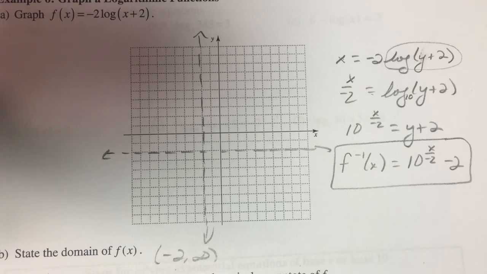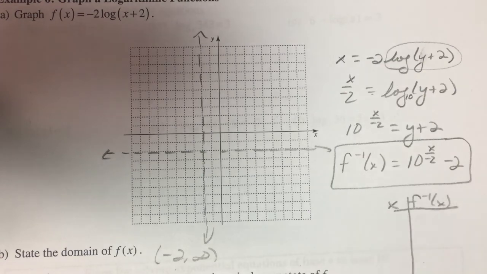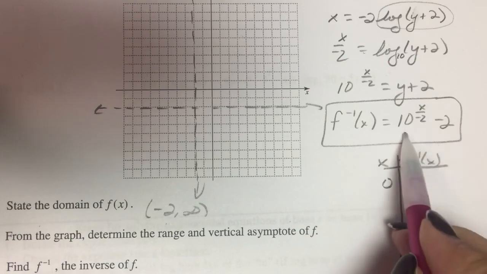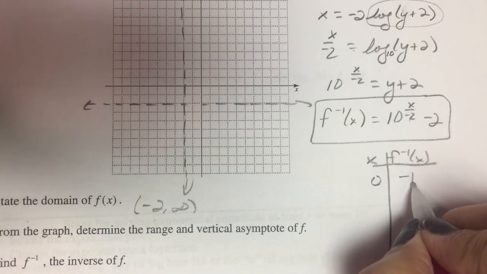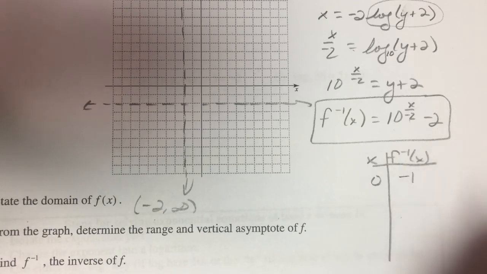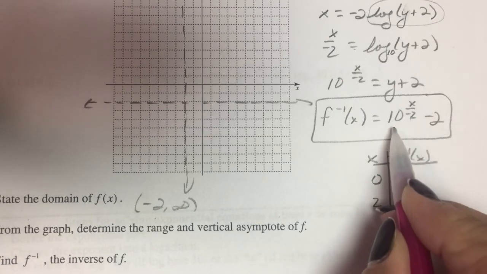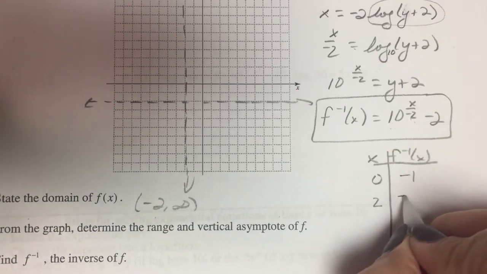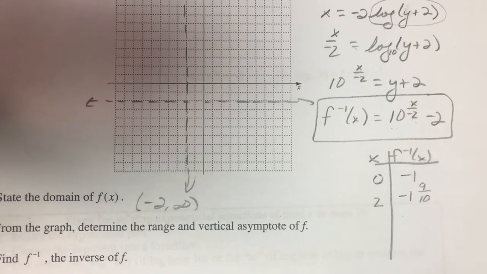Okay, so once again, to graph, I'm going to plug some values in here, and then I'm just going to flip them to do my log graph. So if I plug in 0, 10 to the 0 power is 1, and 1 minus 2 is -1. If I plug in 2, that would be 10 to the -1, which is 1/10, minus 2 is -1 and 9/10.